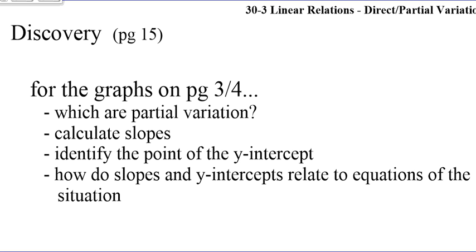So let's do the same thing we did before. Let's go to page 3 or 4. Which of those graphs are partial variations? Let's again calculate slopes, and let's now identify the y-intercept. Where does it hit the y-axis? And let's take a look at that information.